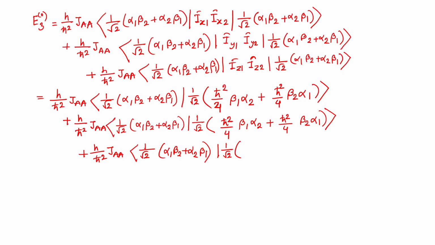As the minus is not here, the calculation is a little different, right? And this part is easy, no change, but here there will be a minus sign because beta is there.